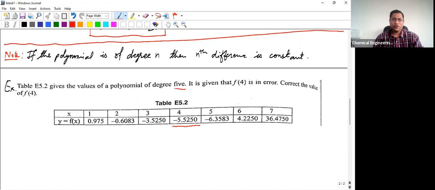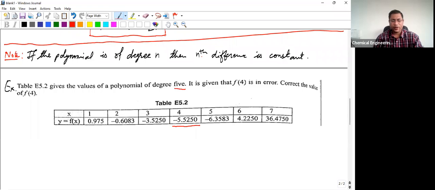So we know two things. One, all these values follow a fifth degree polynomial, and two, this value f of 4 is in error. And if it is a fifth degree polynomial, that means the fifth difference is constant.